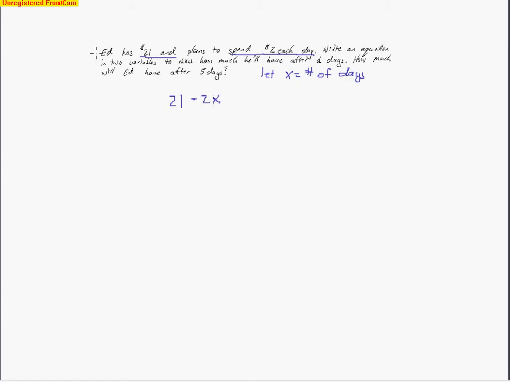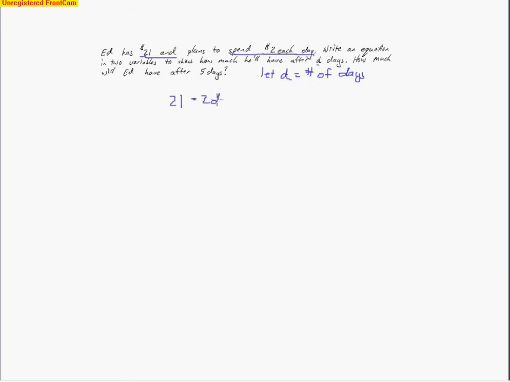So we're supposed to write a variable in an equation in 2 variables to show how much he'll have after D days. Oh, they actually give us the variable we're supposed to use. So instead of X, let's go ahead and change that to a D. So let D equal the number of days.